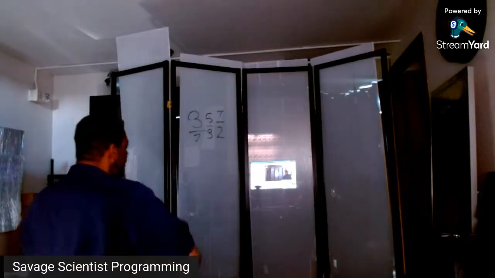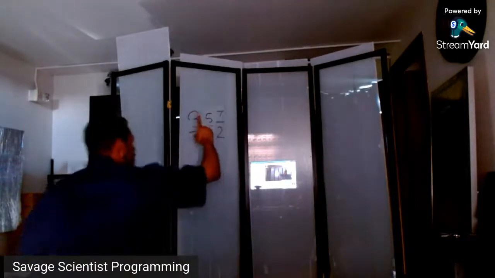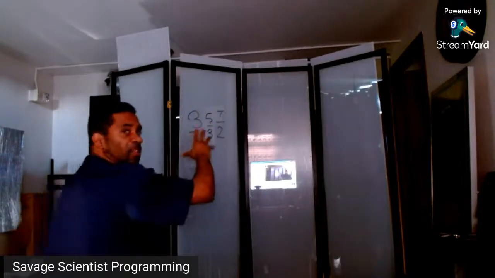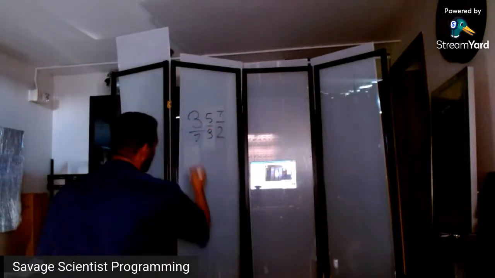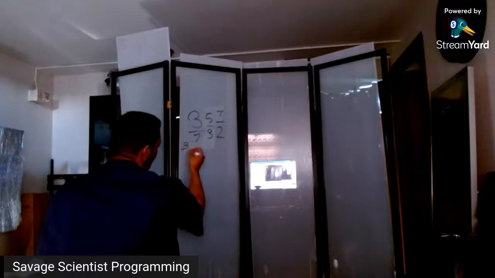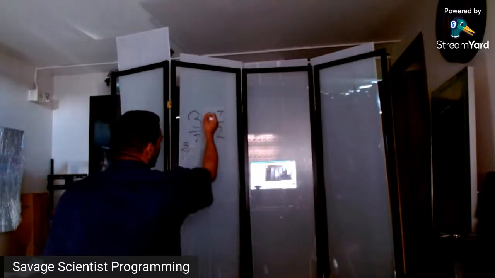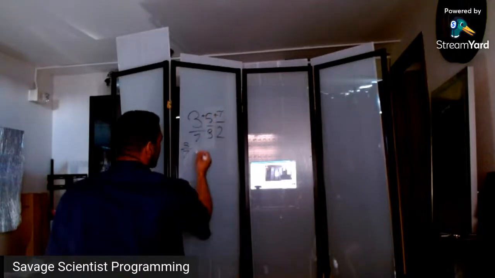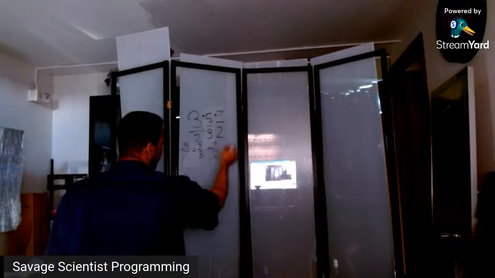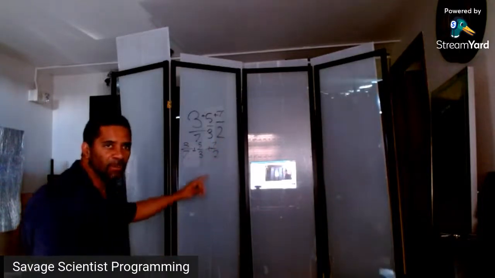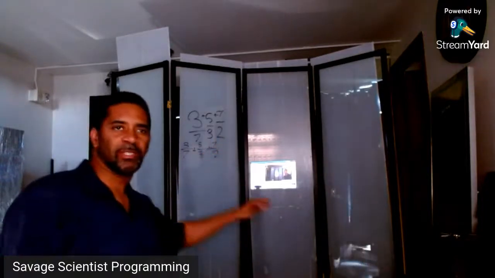So now, in my video, I showed you an example of doing this. So we're going to take 3/7, and these are added: 3/7 plus 5/3 plus 7/2. Do y'all remember? And I know you probably can't see that. So let me see if I can bring this a little closer.